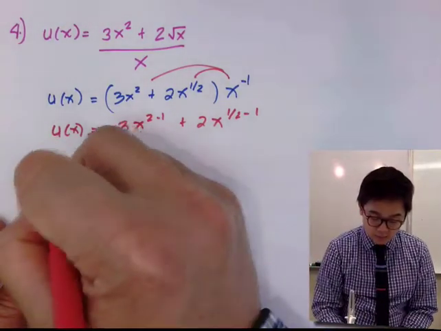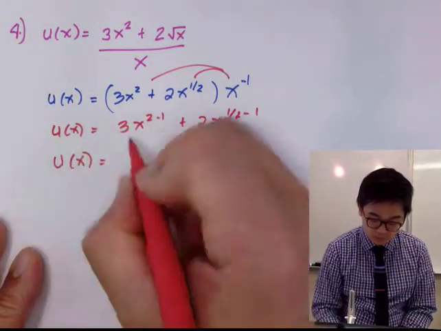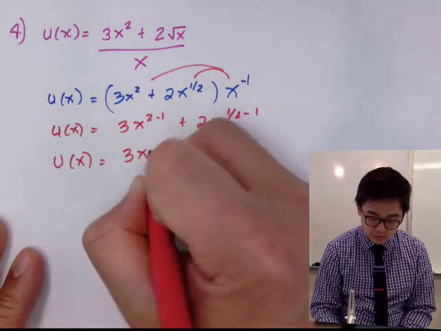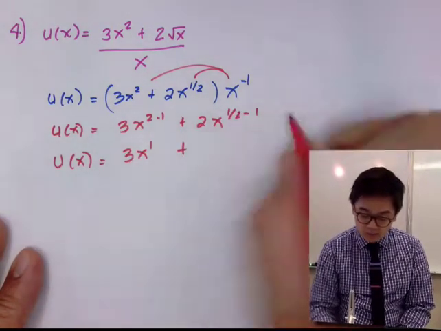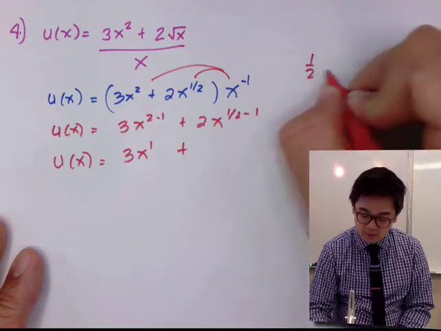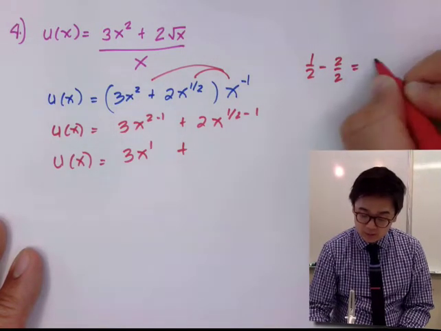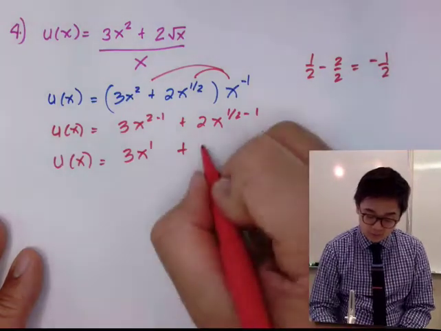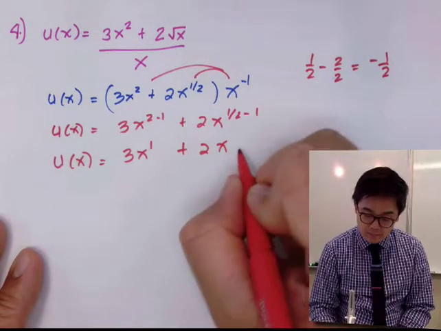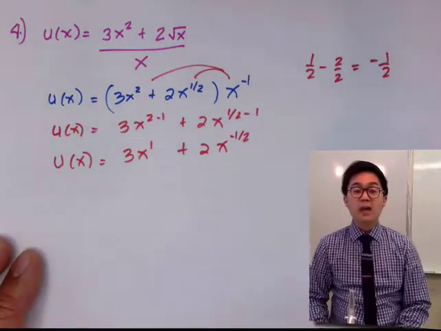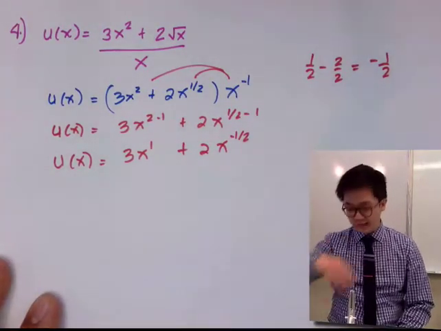So our new function will be 3x to the 2 minus 1, which is simply 1, plus 2x to the 1/2 minus 1. So if I have 1/2 subtracted by 2 over 2, which is also 1, that is going to give me negative 1/2. So we'll have 2x to the negative 1/2. Notice that it's still u of x because we haven't used the power rule yet.